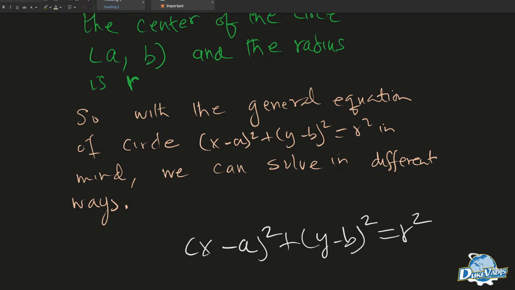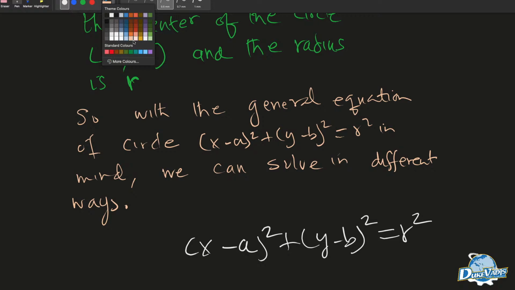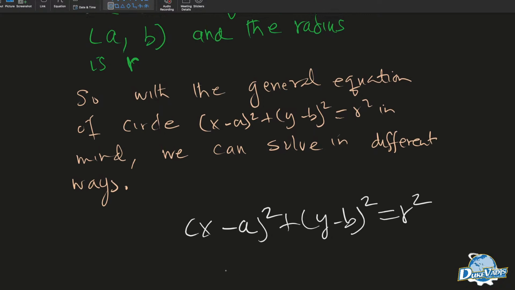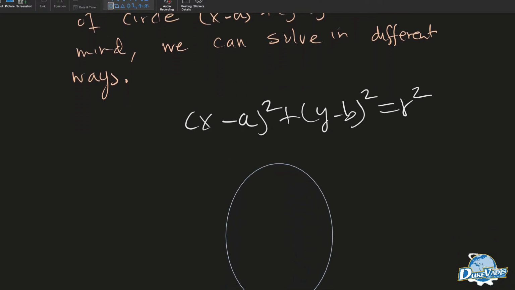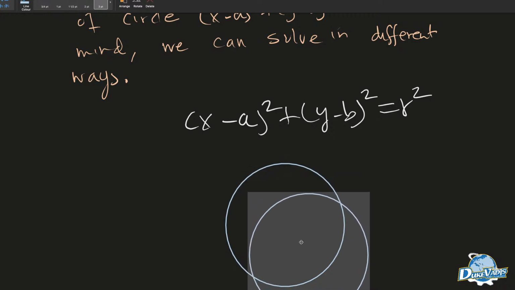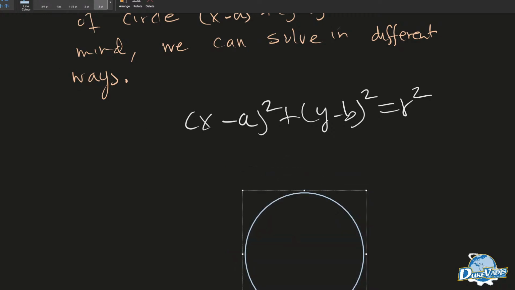So if I come here, draw, and pick a nice lighter blue like this, all right, now when I insert a circle here, we're going to take it step by step. So this is a circle, our big circle. Now, if we draw a line through this circle, then we'll be able to define the x and y axis.